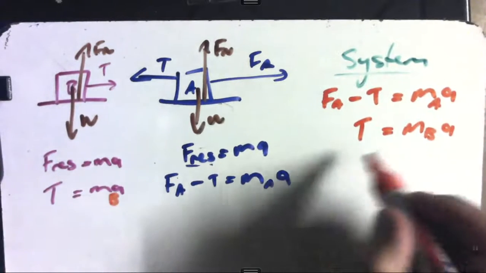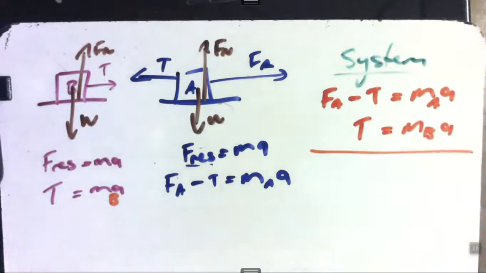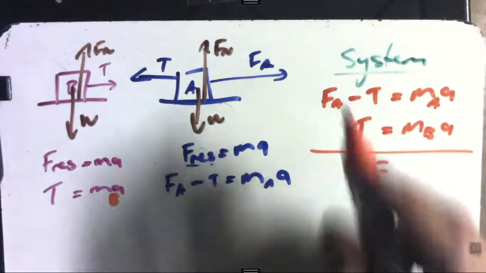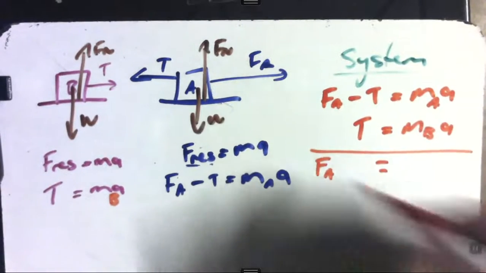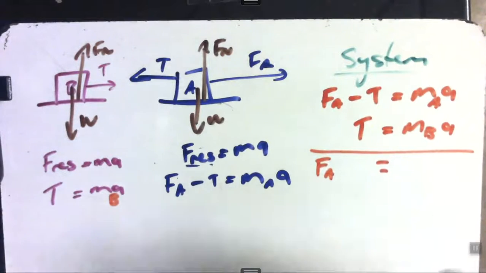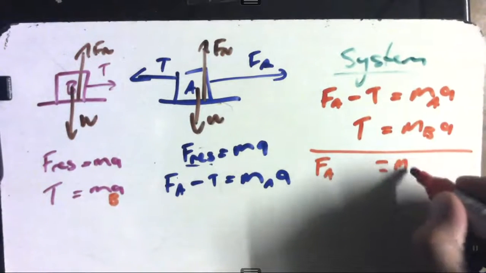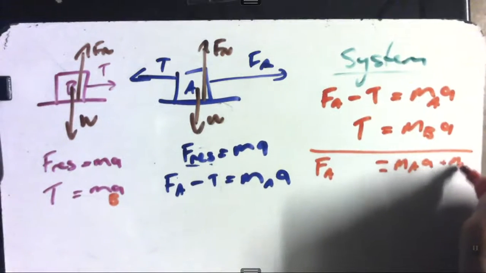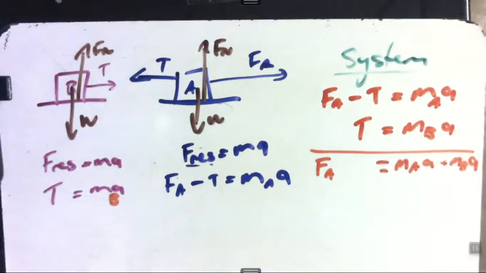Okay, and now if we add this together, so we're going to just mathematically add the terms on the left and the right. On this side we'll have an applied force. On that side we'll have the mass of A times the acceleration plus the mass of B times the acceleration.